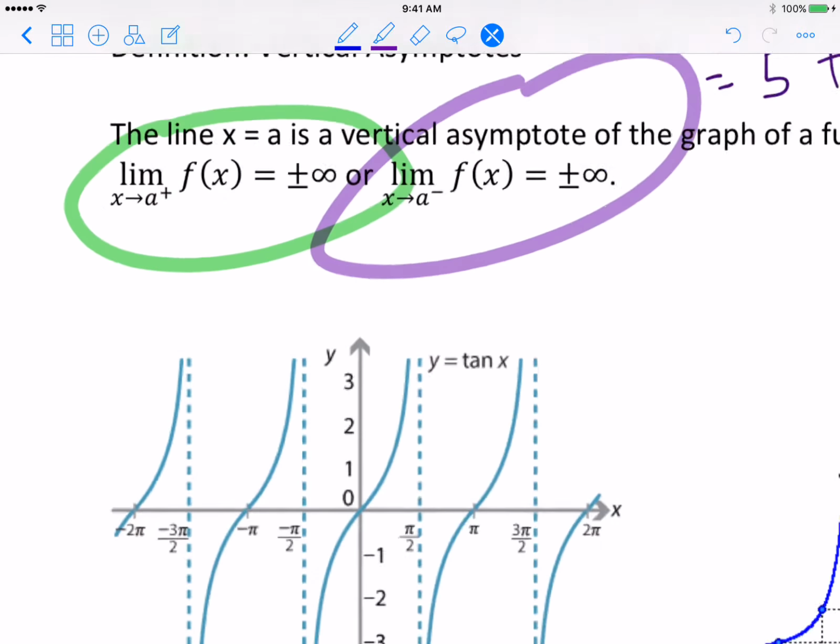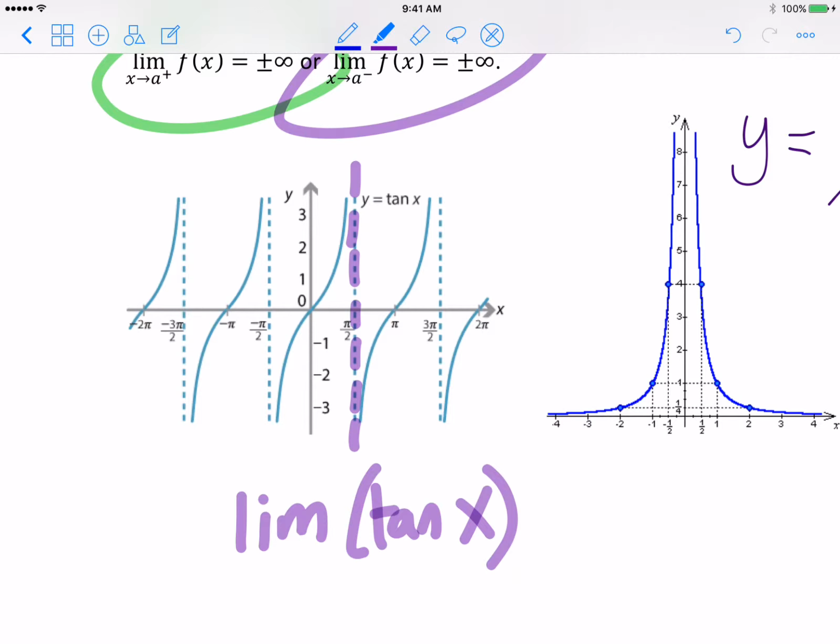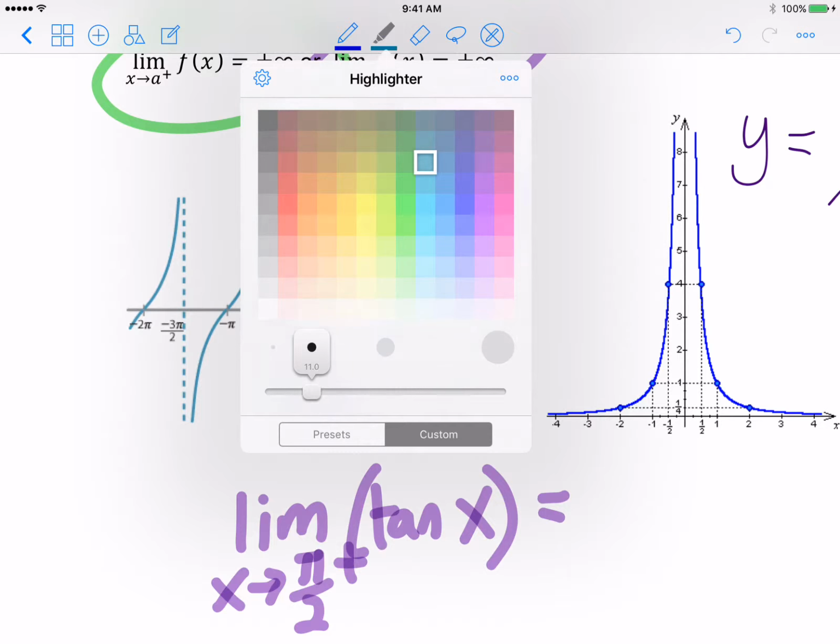So as an illustration, take a look at the vertical asymptote here at pi over 2. We see the limit of the function tangent of x as x is approaching pi over 2 from the right side. I want you to see the trend, see the pattern.